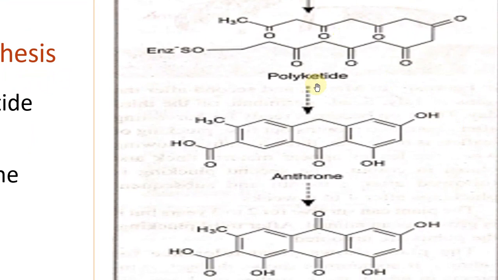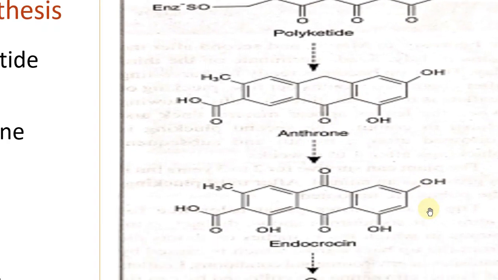Once this is formed, it undergoes cyclization, ring closure, and we get molecules like anthrone, and further it gives endocrocin. In the structure of endocrocin, you can see one more ketone is added over here compared to anthrone. Ideally in anthrone, this carbon has the hydrogen, and here it is involved with the ketone.